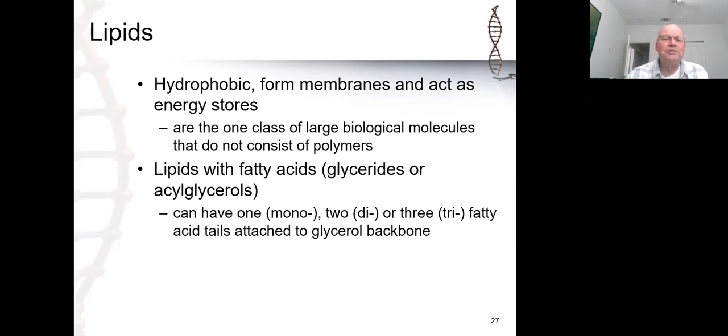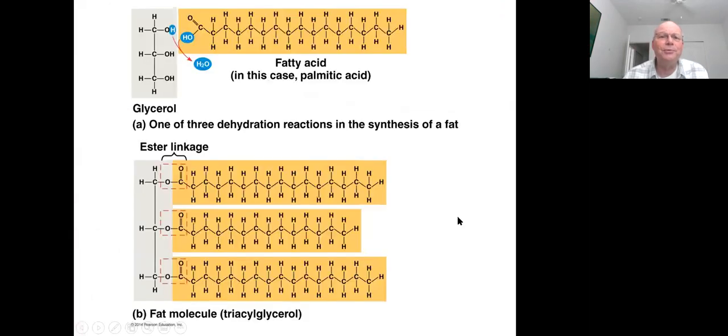So we recognize two different types of lipids, lipids with fatty acids. And fatty acids are the hydrocarbon chains that are in question here. And then there are a family of lipids that lack fatty acids, and we'll talk about those at the end of this section. So let's take a look at what a fatty acid is and look at how that contributes to a lipid, or a lipid with a fatty acid, otherwise known as a fat.